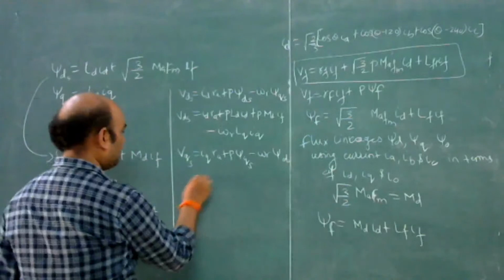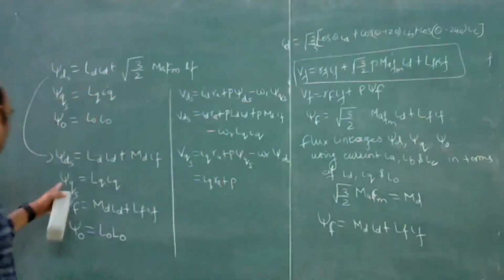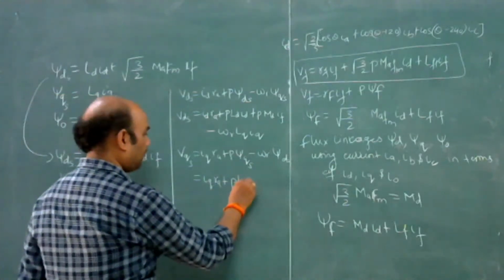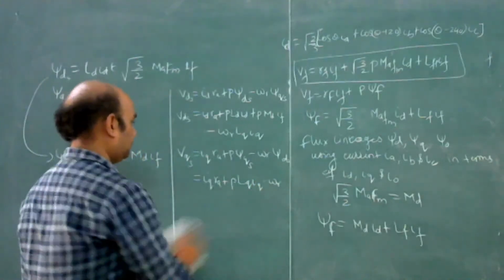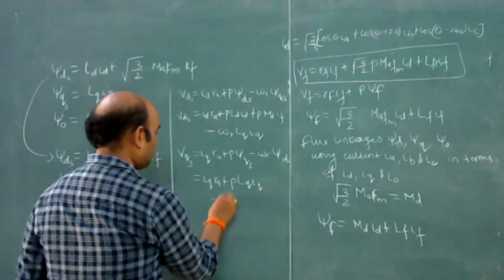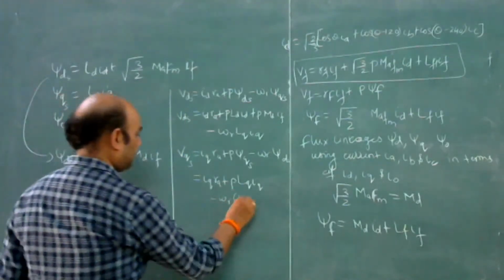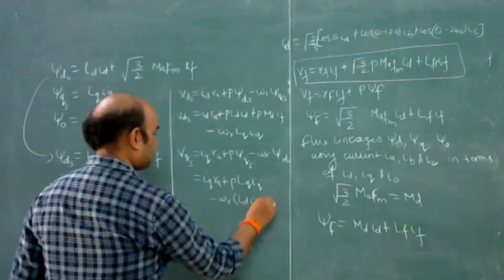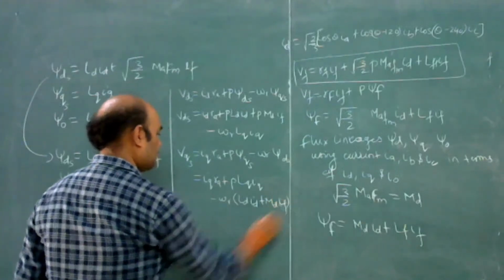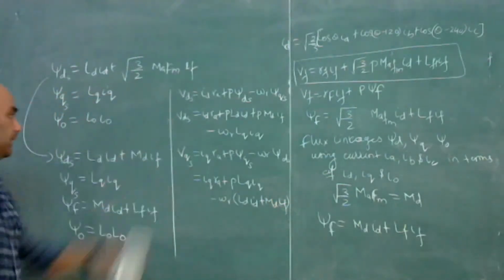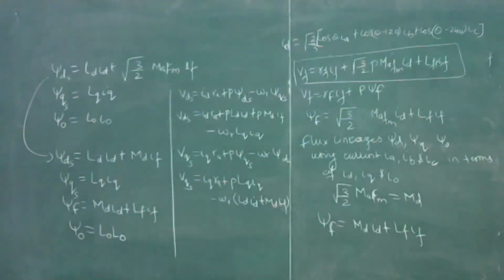So this is IQ into RA plus P times psi QS, where psi QS is LQ IQ, minus omega R times psi DS, where psi DS is LD ID plus MD IF. This is VDS and this is VQS in terms of IQ and ID.